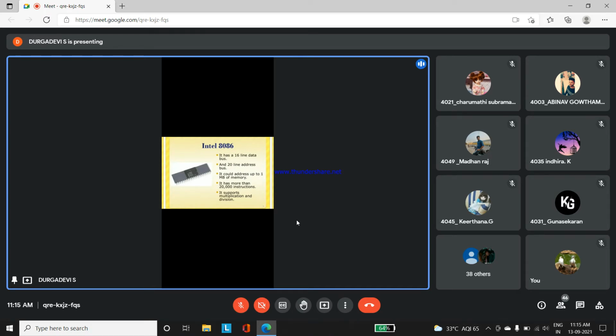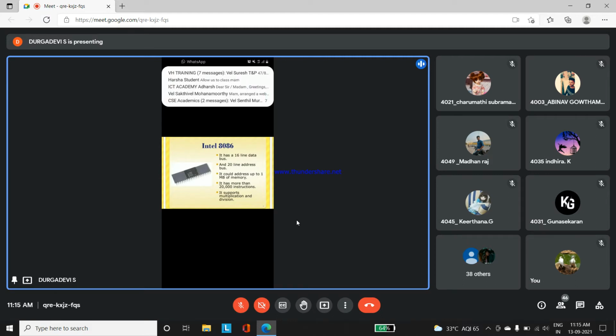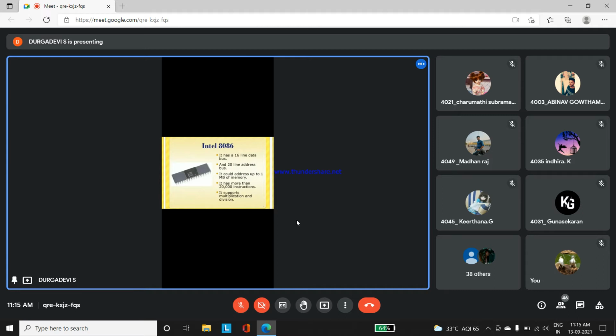See, every processor, every IC, some ICs will be 14 pin, some will be 20, some will be 40. Your 8086 is a 40 pin IC. So left side 20 pins, right side 20 pins. Then as usual, it has 16 data lines and 20 address lines.